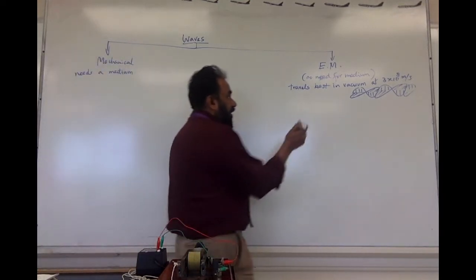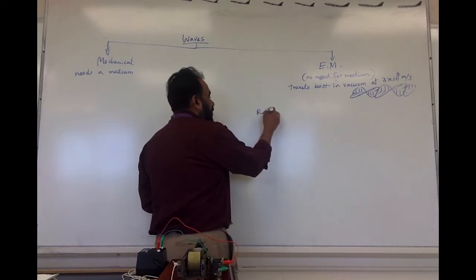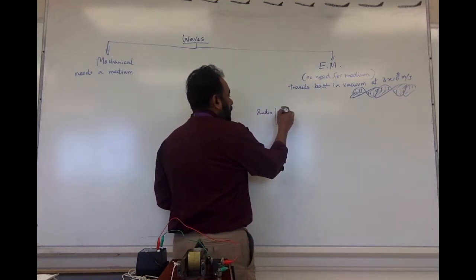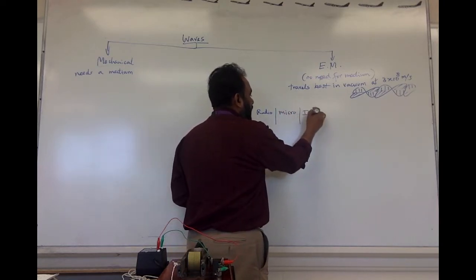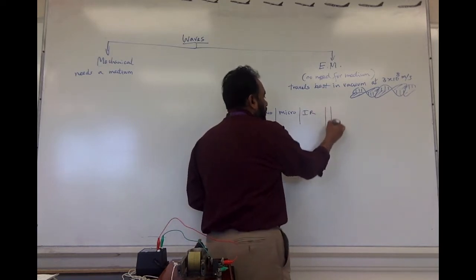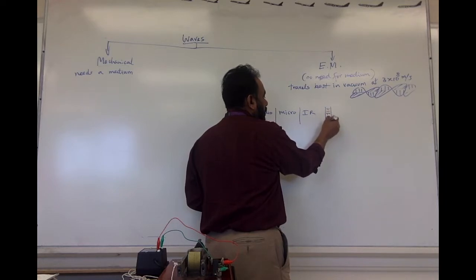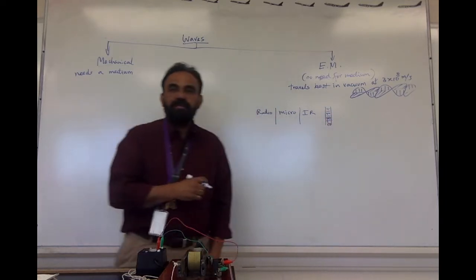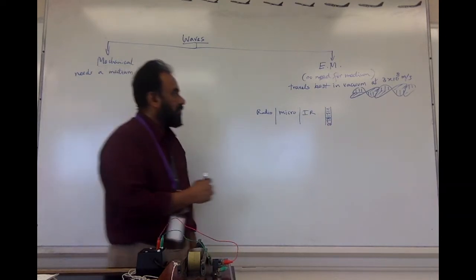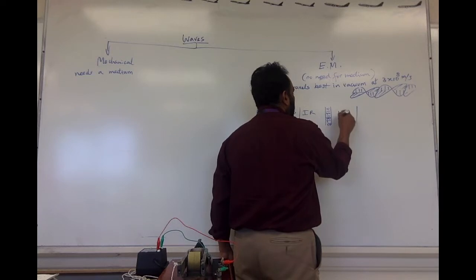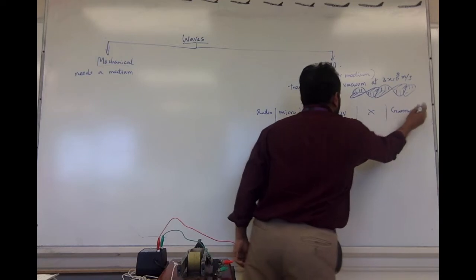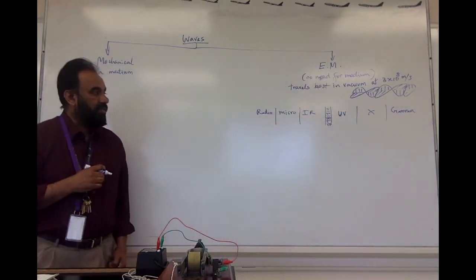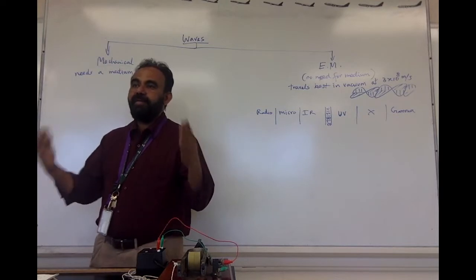Now, I told you electromagnetic waves are split up into radio, micro, infrared, visible, UV, and then comes X-rays, and then comes gamma. This is called the electromagnetic spectrum.